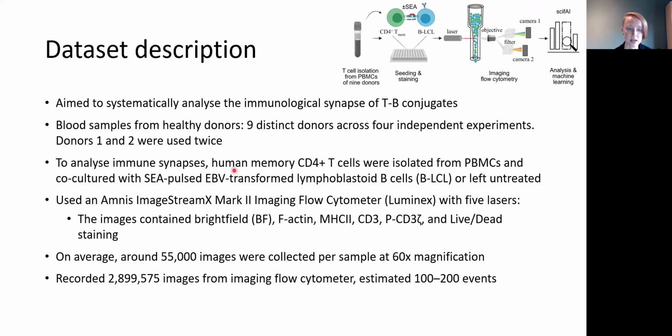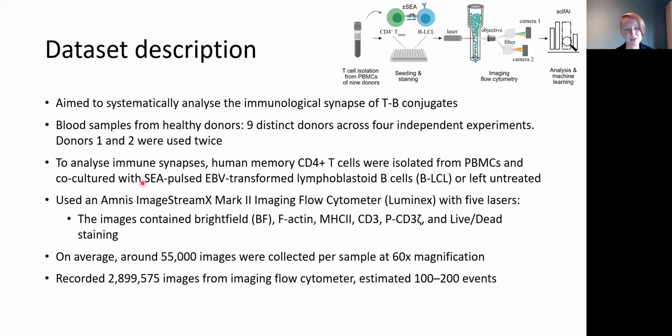and they isolated memory CD4 T cells from each of these donors from their PBMCs and co-cultured them with SEA, which, I didn't write it down on this slide, is essentially an antigen, so it will cause the T and B cells to interact and create immune synapses.